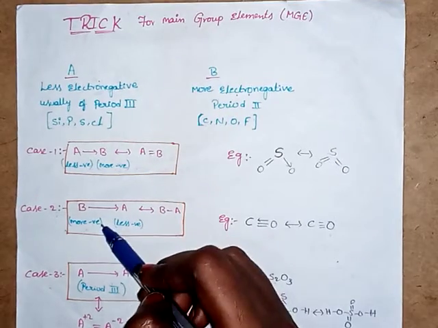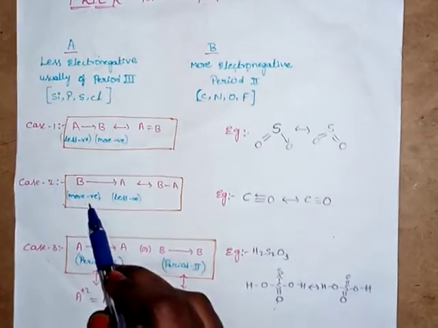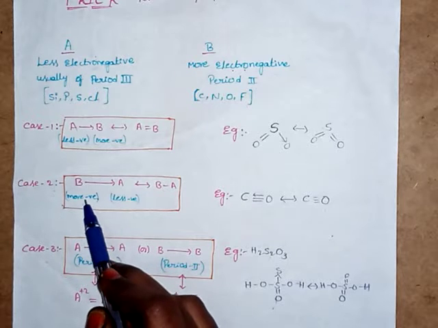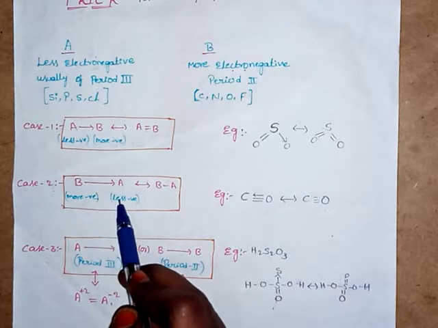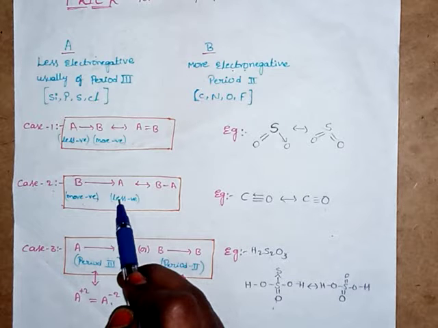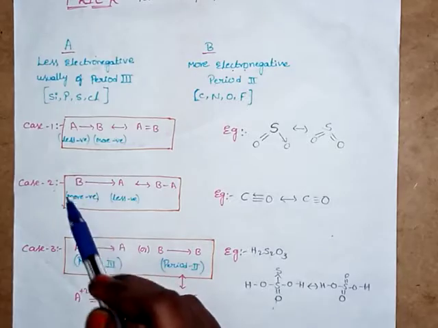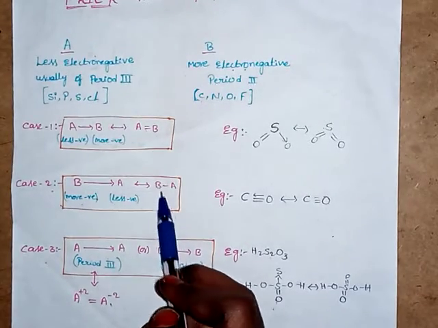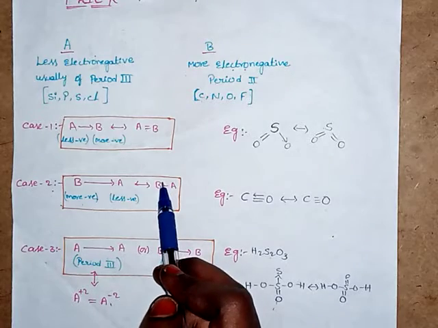In the second case, the more electronegative atom donates the electron pair to the less electronegative atom, and then a single bond will form.